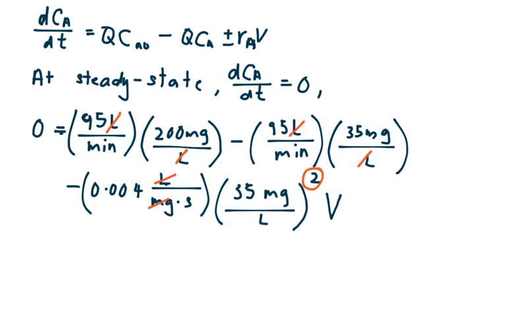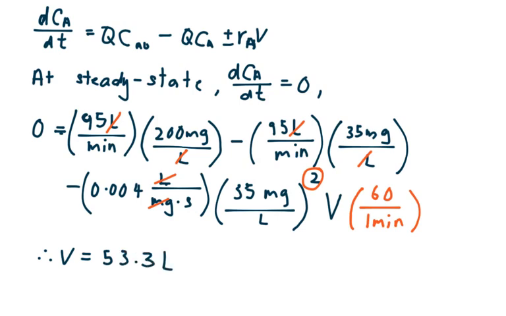So do not forget that you have to convert this to per minute. So 1 minute is 60 seconds. If you convert everything properly, you will get an answer of the volume to be 53.3 liters.